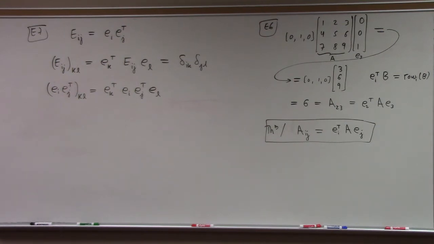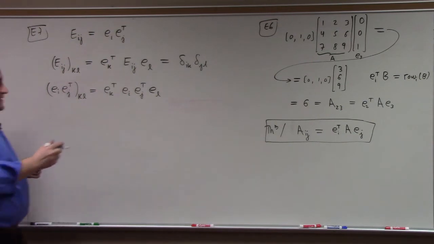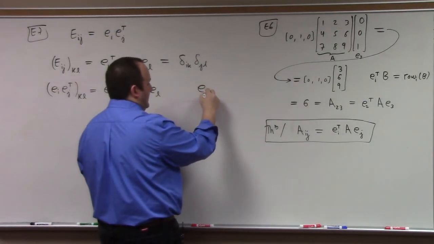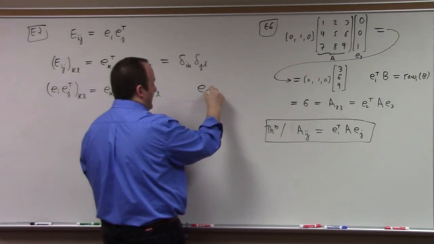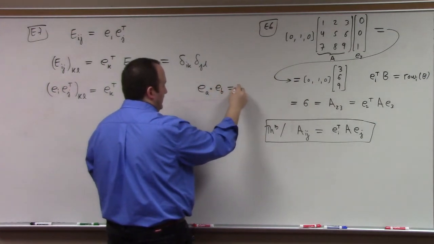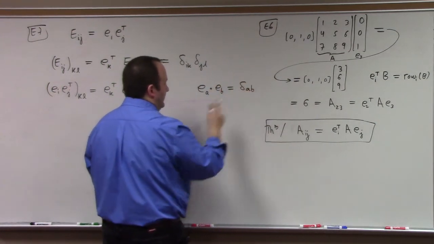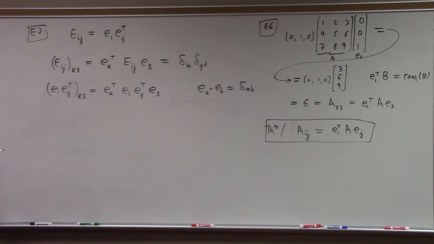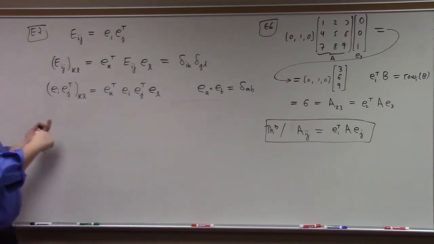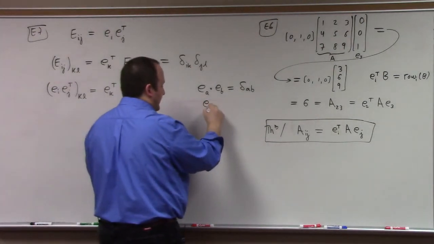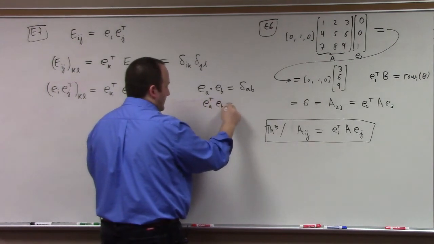And that's really nice because then you can just go back to the fundamental thing, which is that e_a dot e_b is equal to delta ab. In terms of matrix multiplication, the transpose goes on the left factor, so this is e_a transpose e_b equals delta ab.